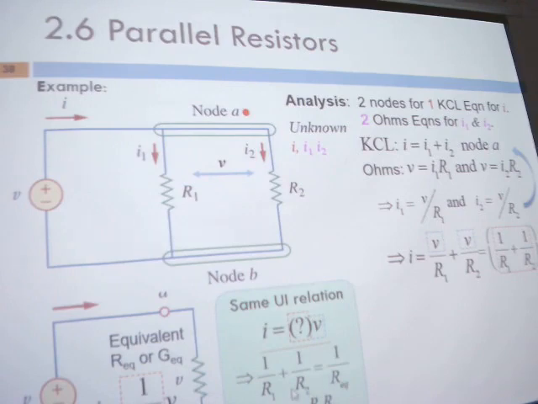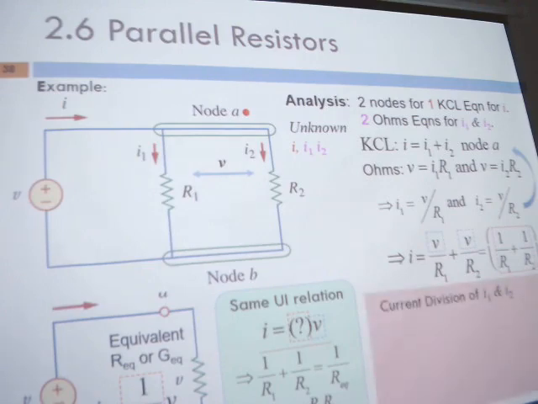So for this case, 1 over R1 plus 1 over R2 is equal to 1 over R equivalent. And we can write R equal to the product of them over the sum of them. Please remember this equation, because in most cases we have two resistors connected in parallel. So we need to remember this equation by heart.